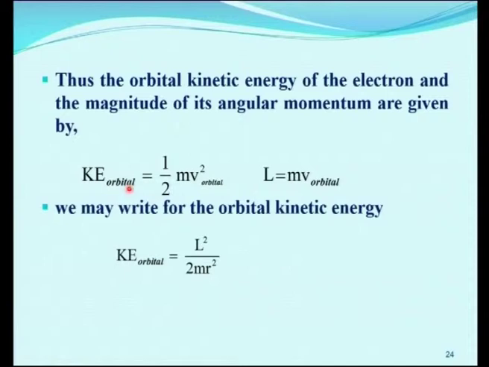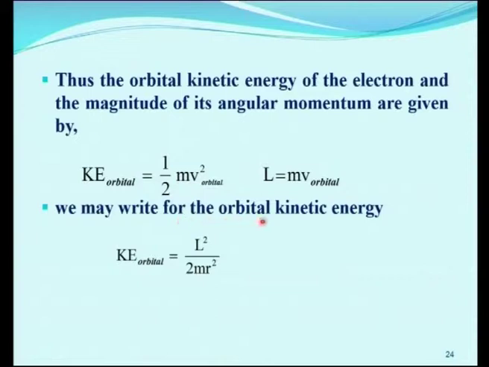Thus, the orbital kinetic energy of the electron and the magnitude of its angular momentum are given by: kinetic energy orbital is equal to half m v_orbital squared, and angular momentum L is equal to m v_orbital.